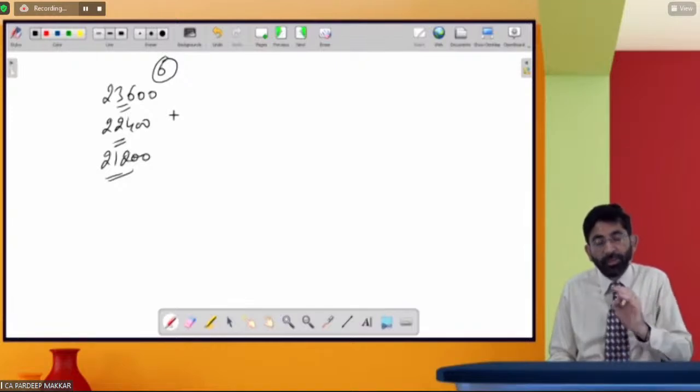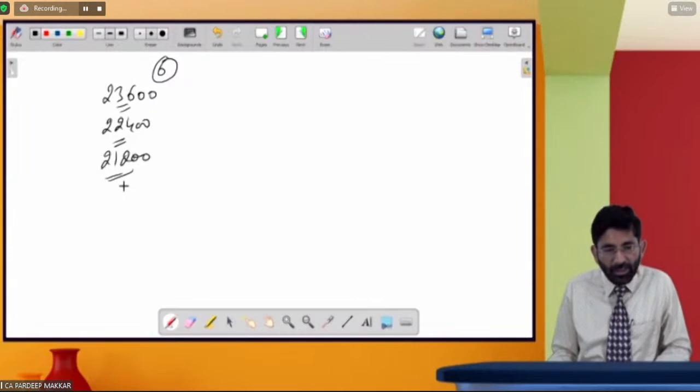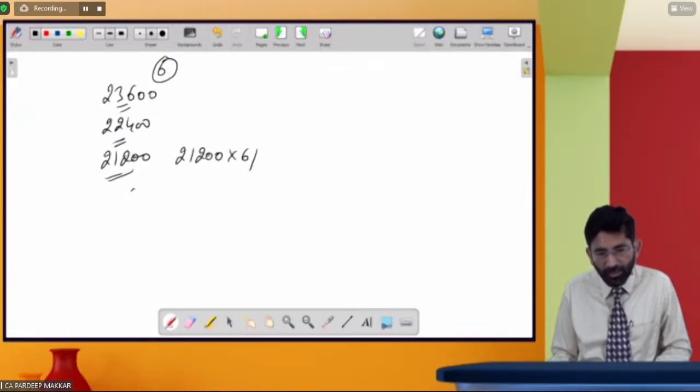Very difficult, but we can do it very simply. Just we have to understand the logic that in the last installment we have done 21,200 into 6 by 106. It will become 1200.